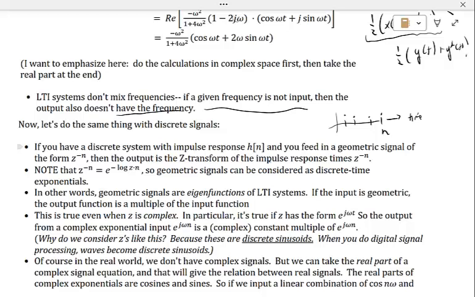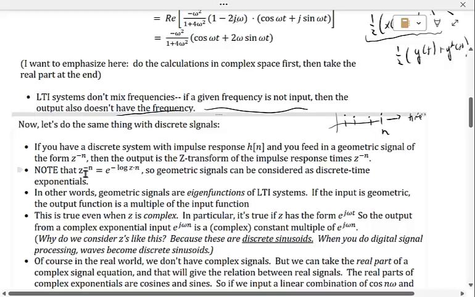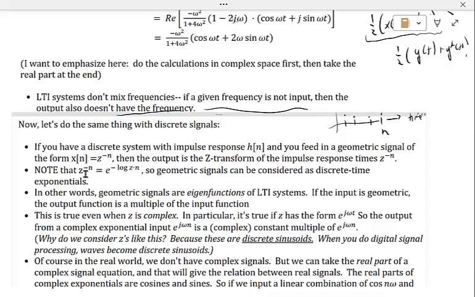And you feed in a geometric signal of the form, and let me call this x. We've typically been using x of n. So you feed in the signal of form z to the n, and the x of n has this geometric shape where z is some number, right? So for instance, if z is 2, it becomes 1/2, 1/4, and so on, exponentially decaying.